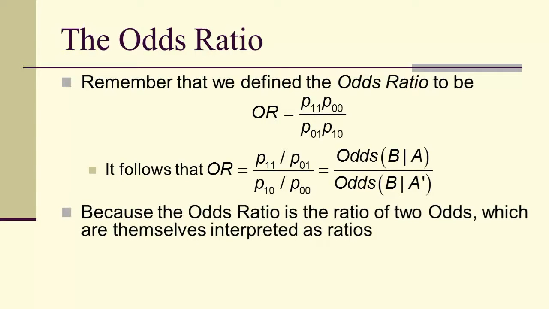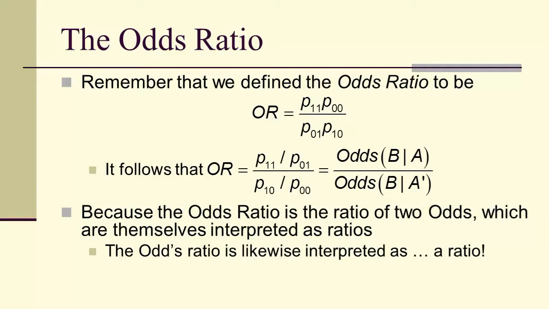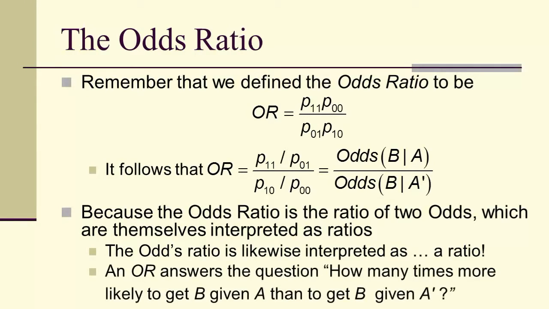And because the odds ratio is the ratio of two odds, which are themselves interpreted as ratios, the odds ratio is likewise interpreted as a ratio. And so the odds ratio answers the question, how many times more likely to get B given A than to get B given A prime?